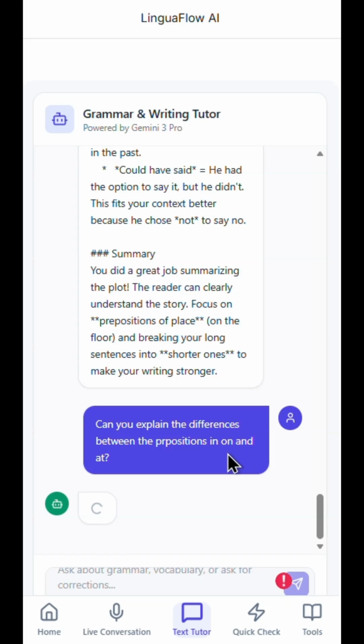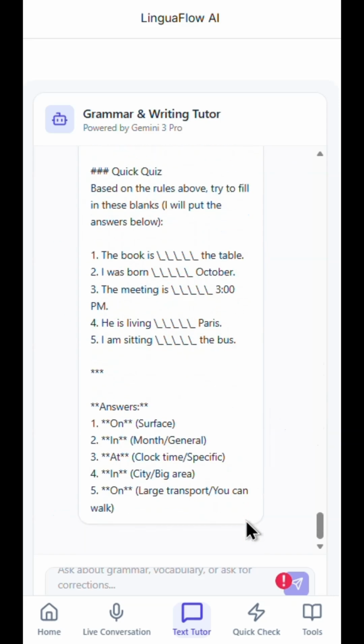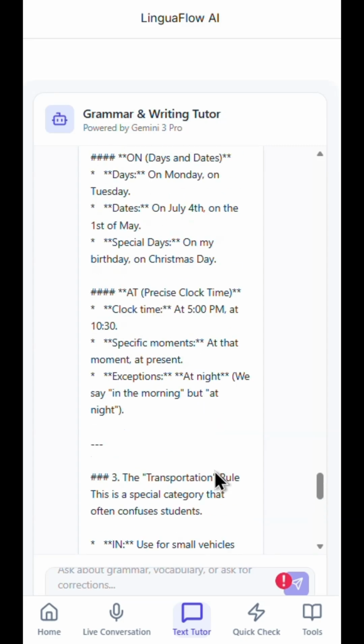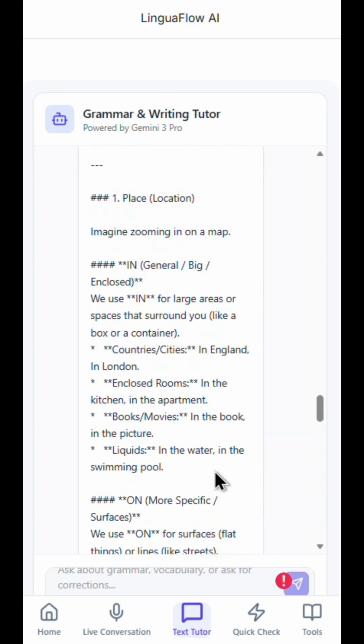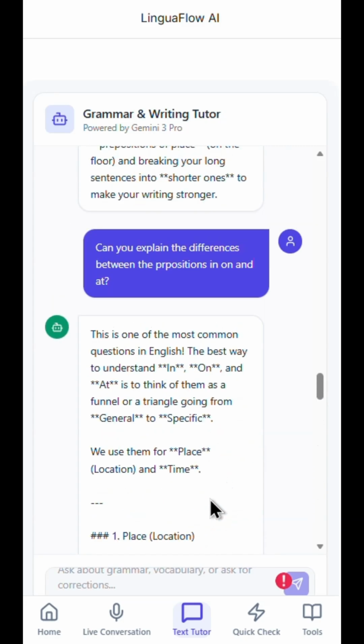Prepositions is missing an E, and there may be a comment on that. I'm not editing this because I want you to realise how long it takes. So this is one of the most common questions in English.